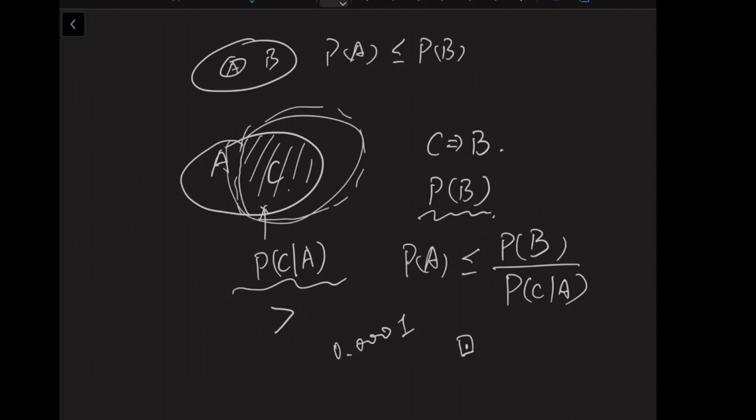On the other hand, if we can see that this is at least half of A, then the probability of A would be at most twice the probability of B. So that is our plan.